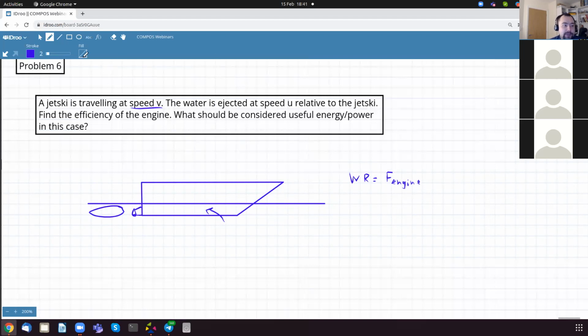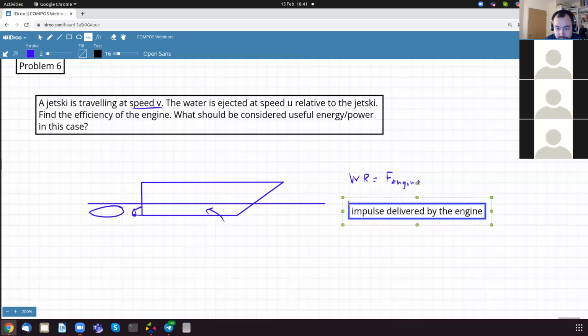The impulse delivered by the engine is F delta T.